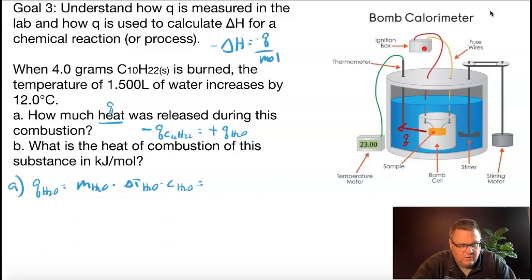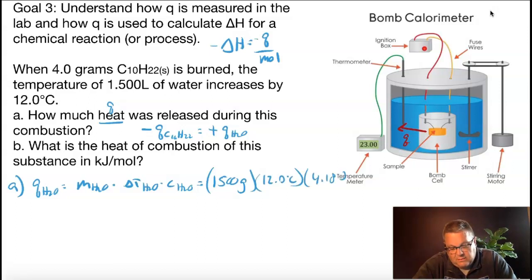And the density of water is 1 gram per milliliter, so that's 1,500 grams of water. Delta T is T final minus T initial, and specific heat of water is 4.18 joules per gram degree C.